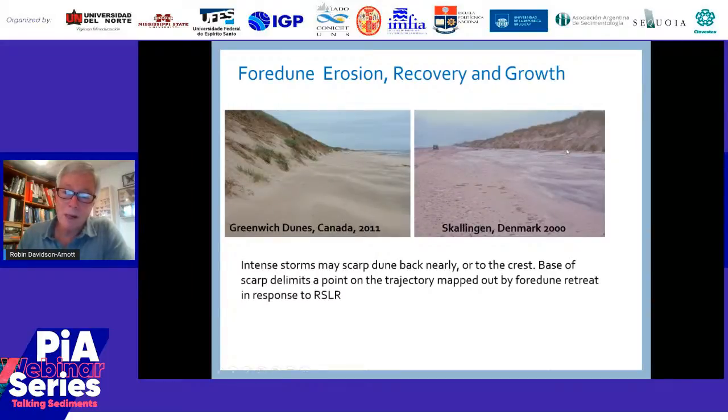So if we mark this point as where the dune is eroded after a storm of this magnitude, and then translate that storm every 10 years, that will mark a series of points that transgress landward along the slope of this storm beach. So this is the key slope that marks out the trajectory and allows us to predict the retreat distance of the foredune.